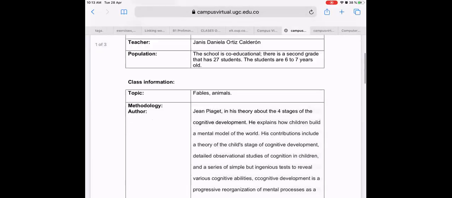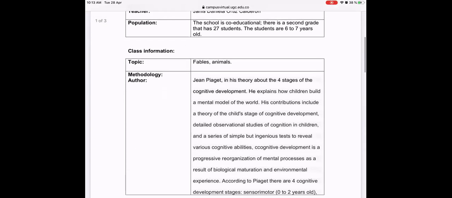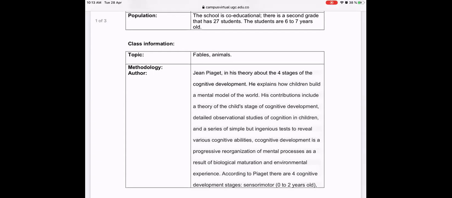Come on. Okay. I choose second grade students, that is between 6 and 7 years. The topic that I'm going to teach could be fables and animals.